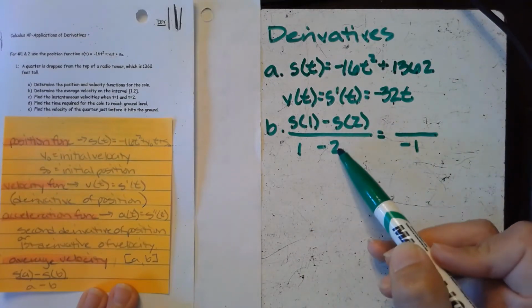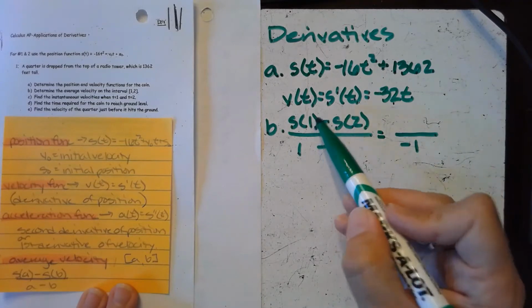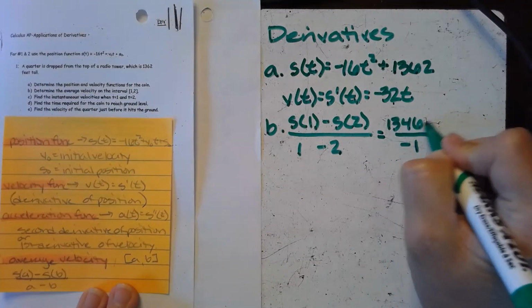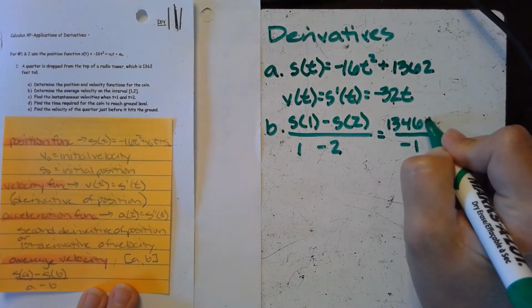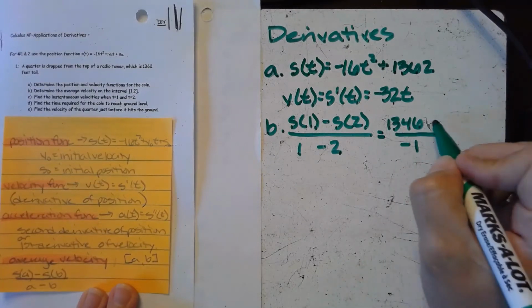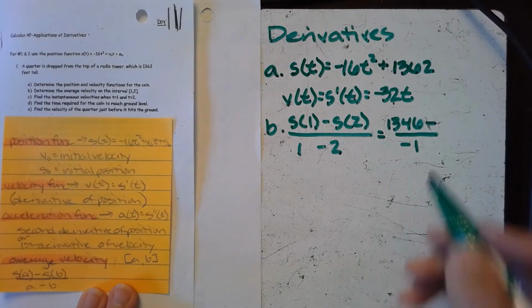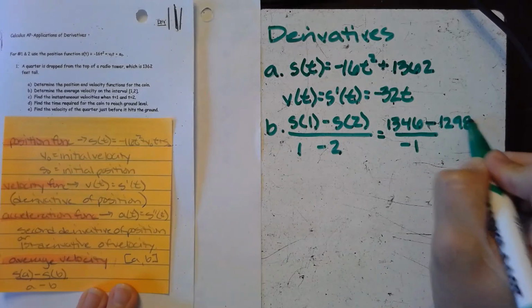When I plug 1 into s, and I'm just throwing it into my calculator so I can do this quickly, 1362 minus 16 is 1346. Minus, plugging 2 in there, is 1298.